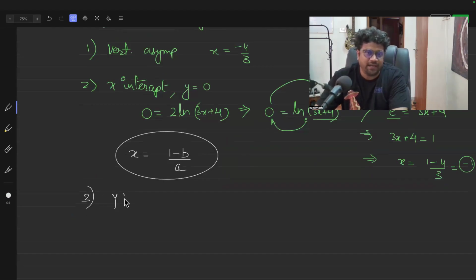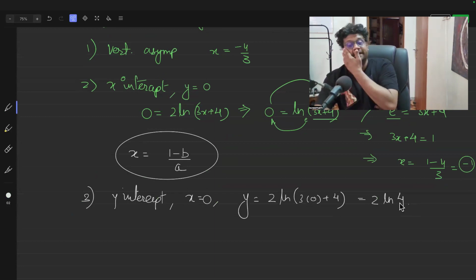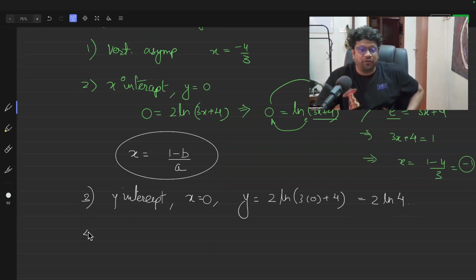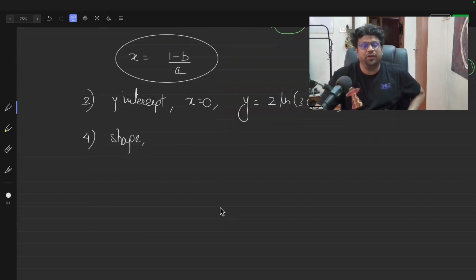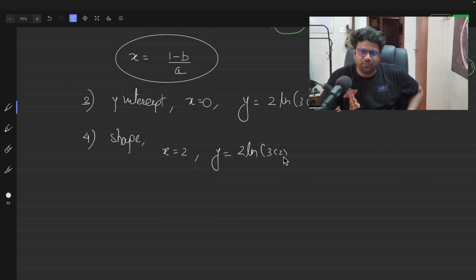Third thing, the y-intercept. The y-intercept is when x is 0. Let's substitute: y equals 2 ln of 3 times 0 plus 4, which comes out to be 2 ln 4. That's your y-intercept. And the fourth thing is the shape. Like I told you, take one random value of x, maybe 2. y comes out to be 2 ln of 3 into 2 plus 4, which is 2 ln 10.